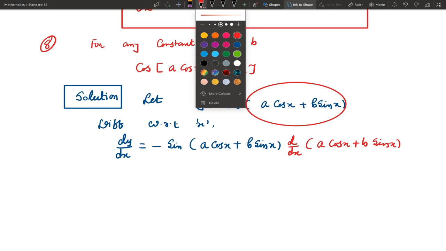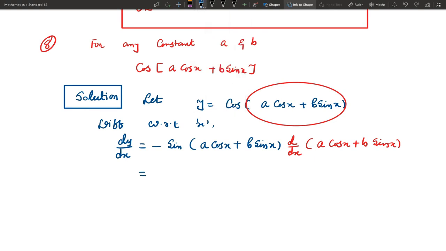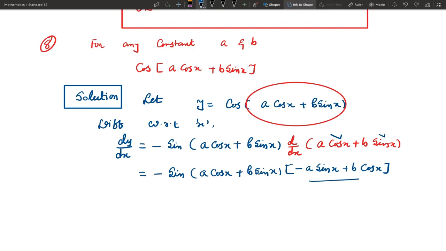So this is minus sine of a cos x plus b sin x as it is, into bracket the derivative of a cos x, which is minus a sin x, a being a coefficient, and the derivative of b sin x, which is plus b cos x. Here we can take minus common.